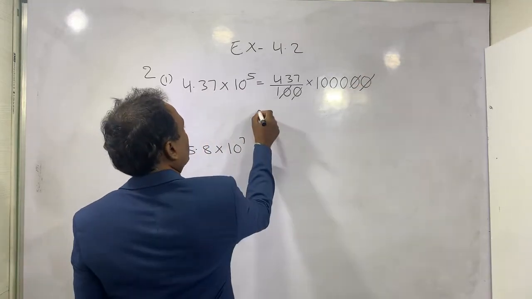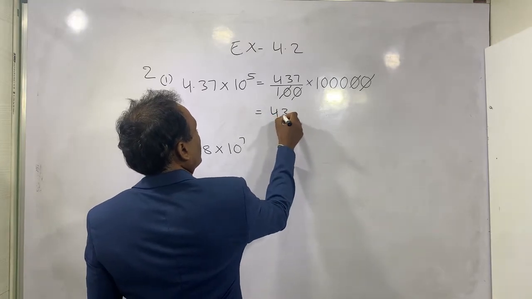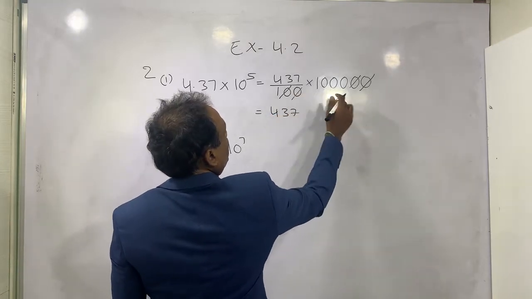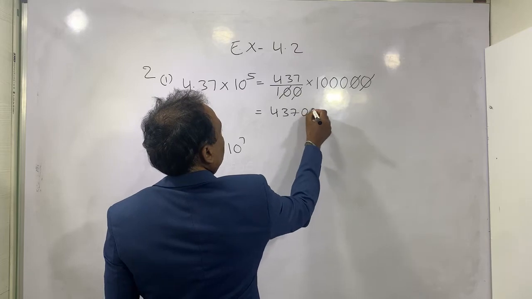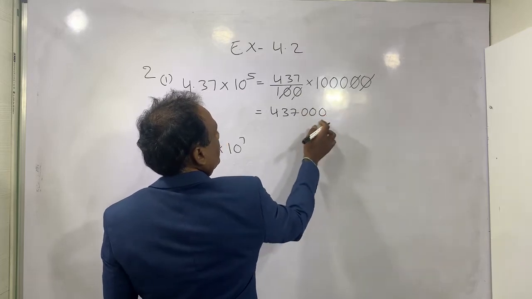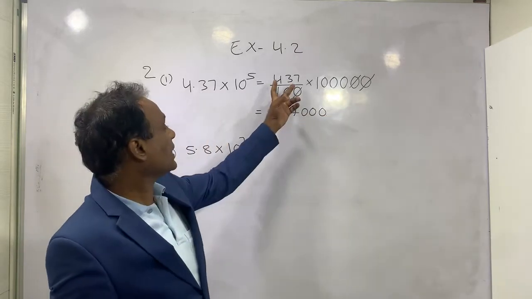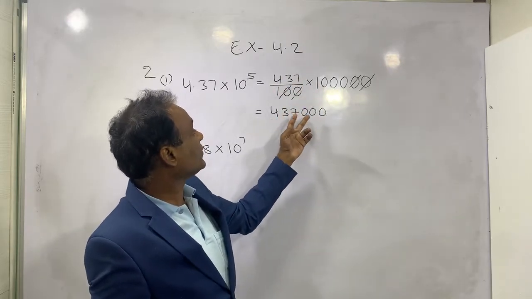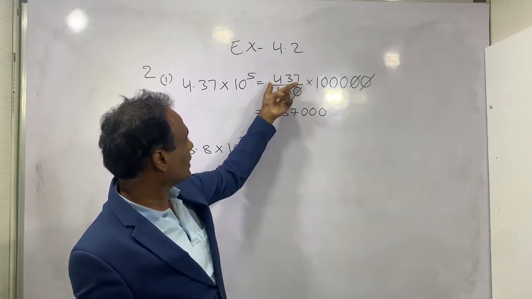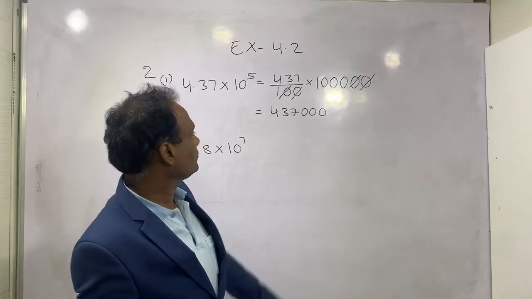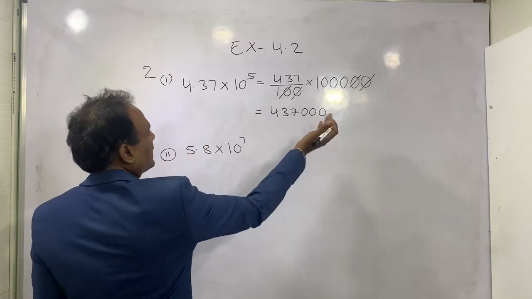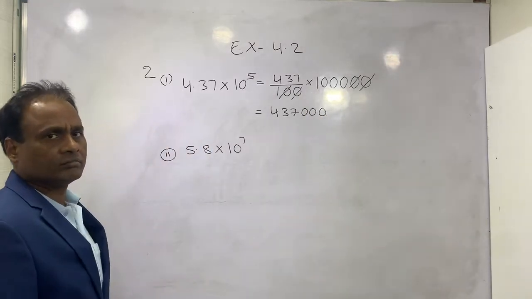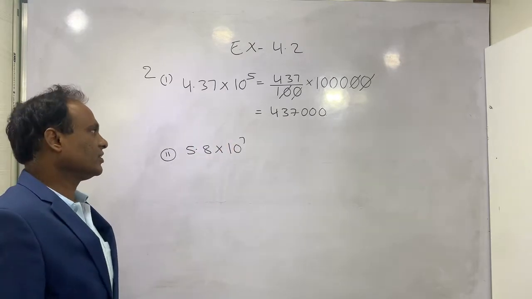What is the answer? 437 into 1000. So we will get 3 zeros. 437 into 1000, 437 thousands. That means 437 with 3 zeros here: 4,37,000.